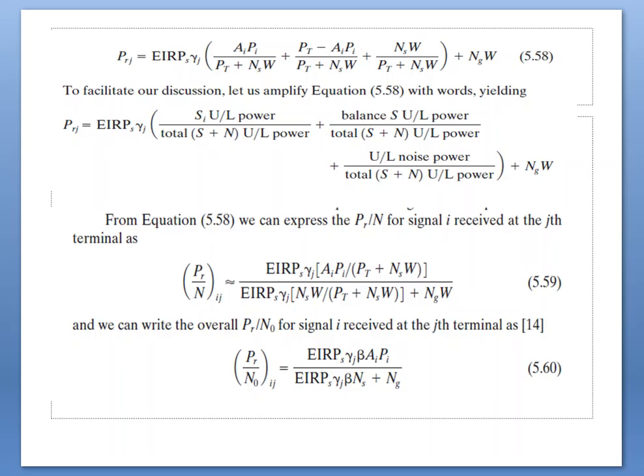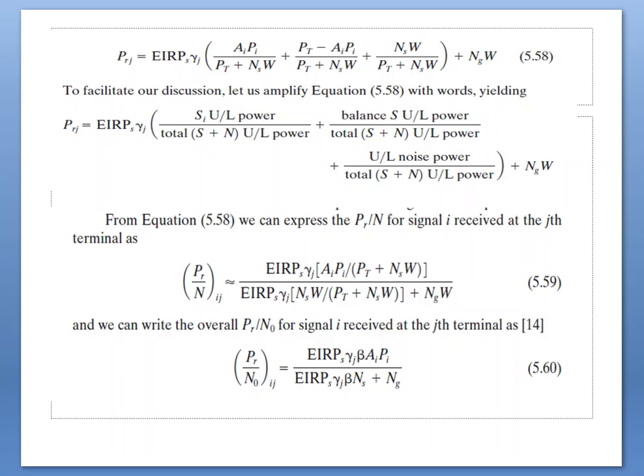Hence, if one of the sharing users should choose to cheat by increasing his uplink power, the effect would be an enhanced downlink signal for that user, at the expense of other users' downlink signals.